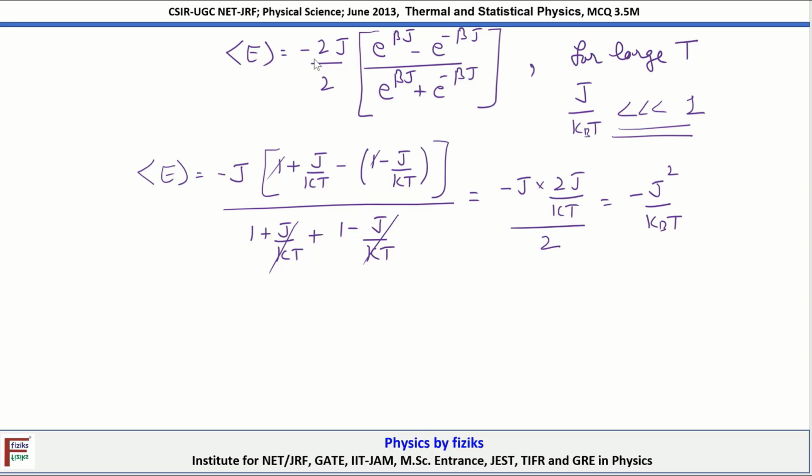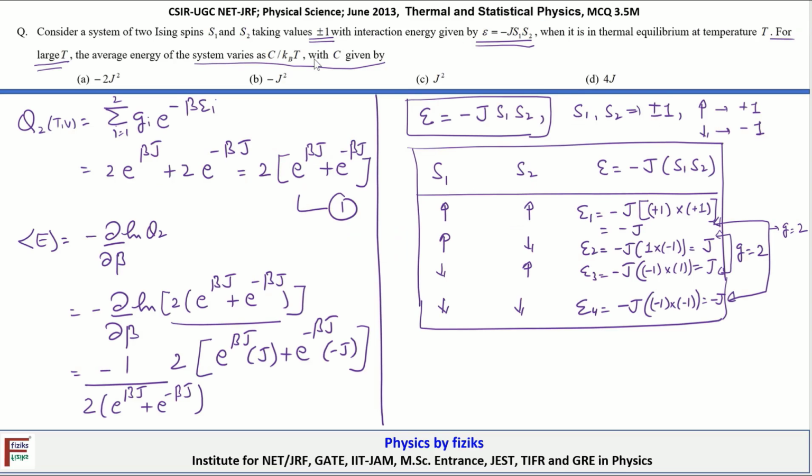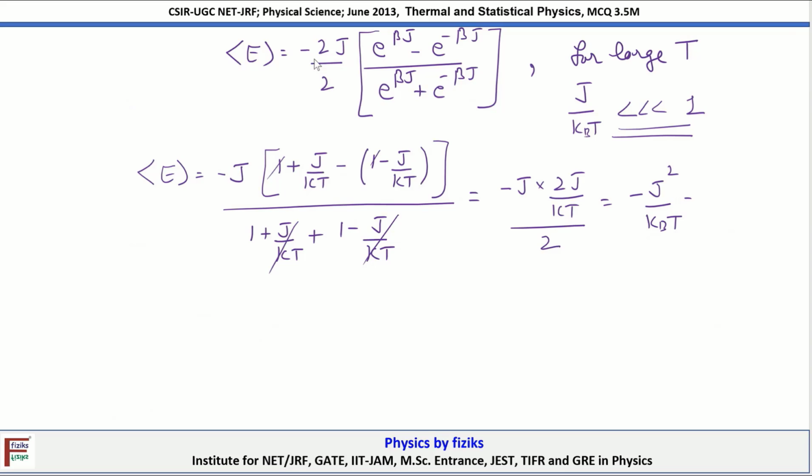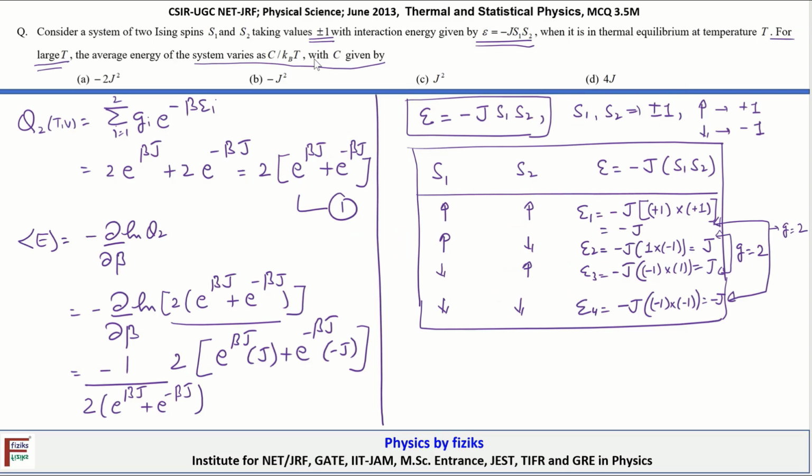Okay, so it's given that the average energy varies as C by kT, so this is equal to C by kBT. Therefore C is equal to minus J square. So that is our answer. Let's take a look at the options. Therefore option B is correct here.